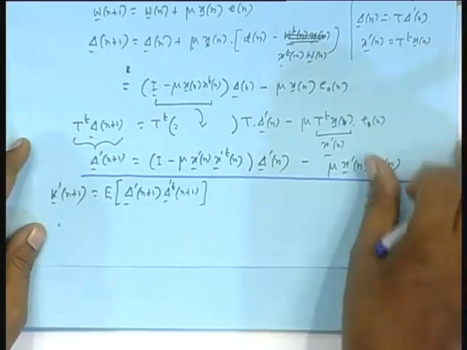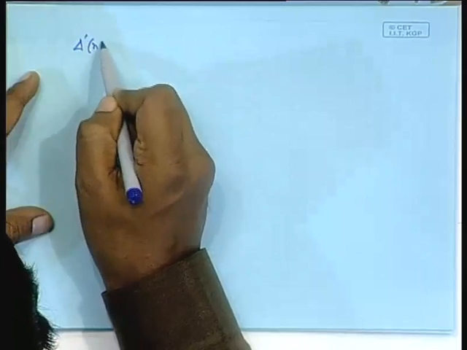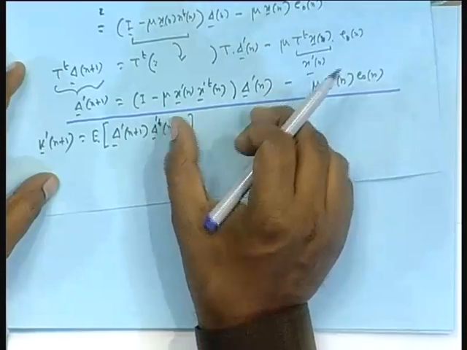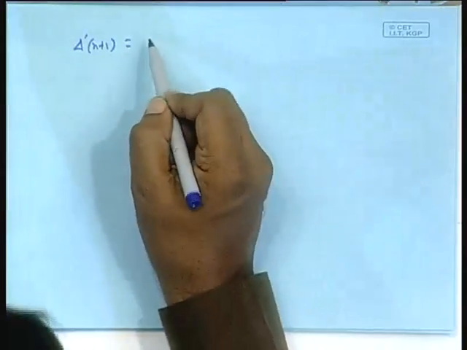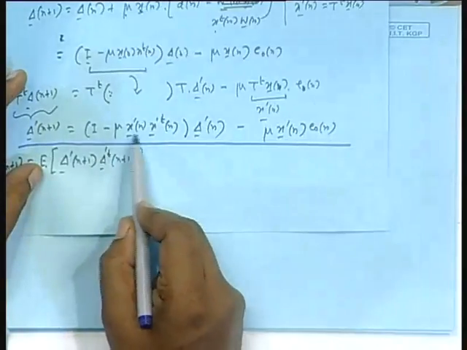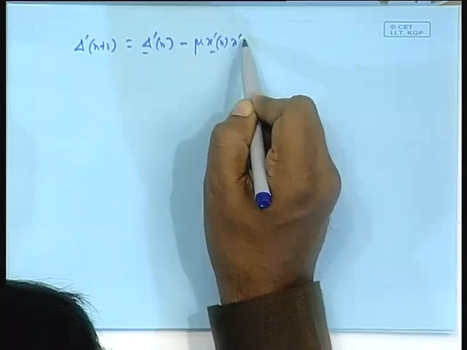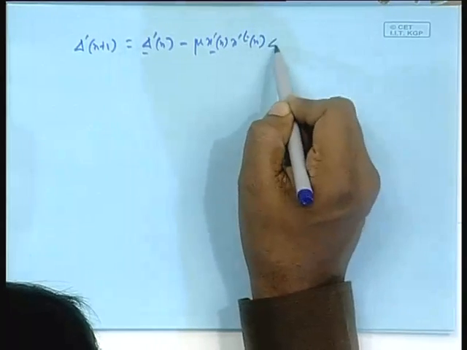If you are not understanding, let me write down the 2 terms. Instead of putting in brackets, for your convenience I am throwing out the bracket. So I into delta prime n, that will become minus mu, this into this and this.